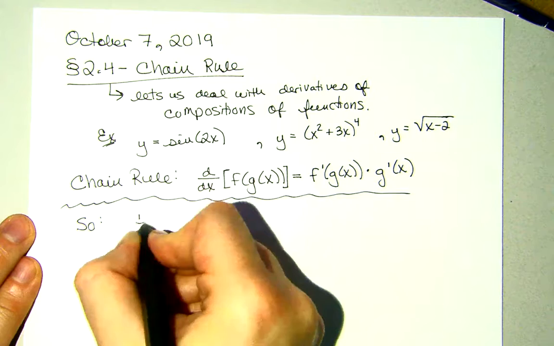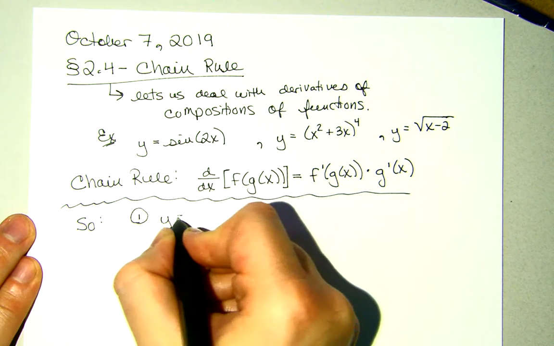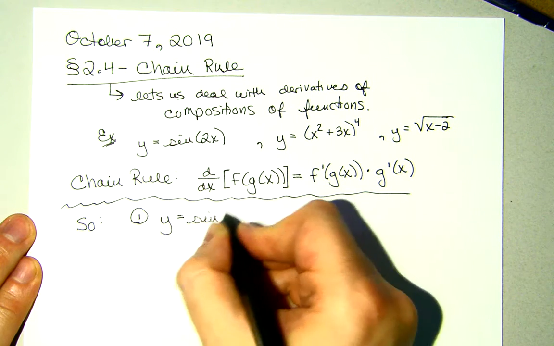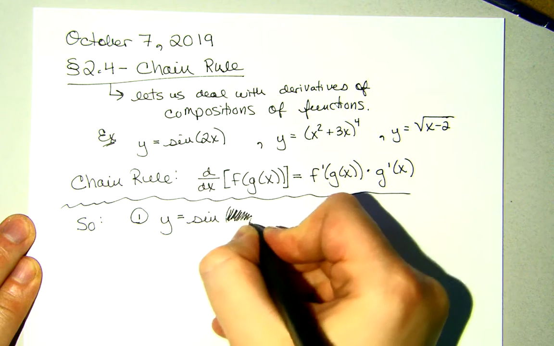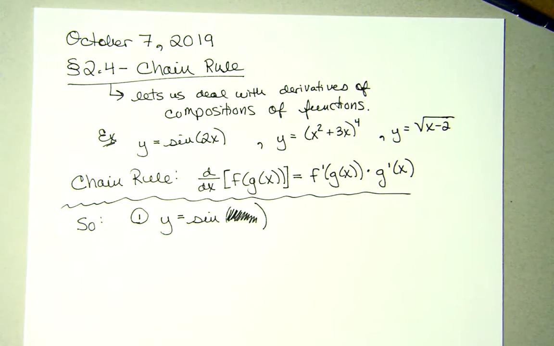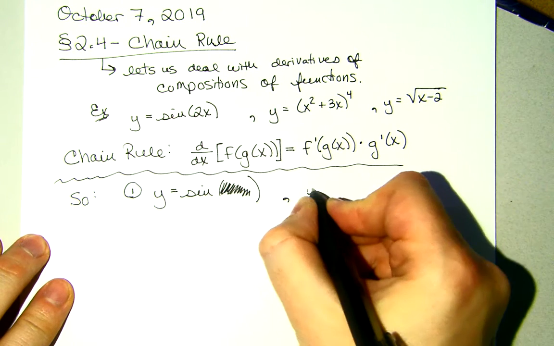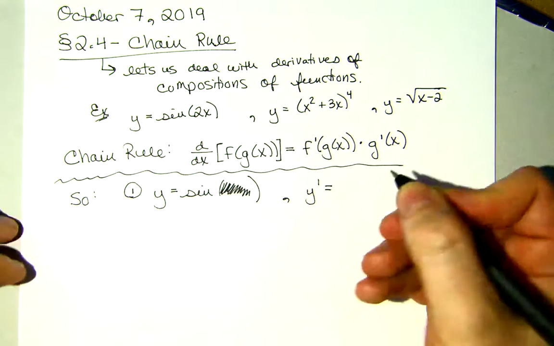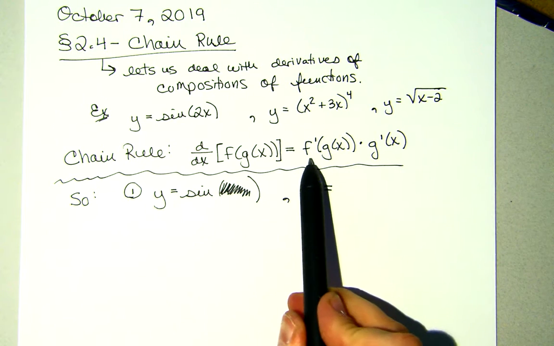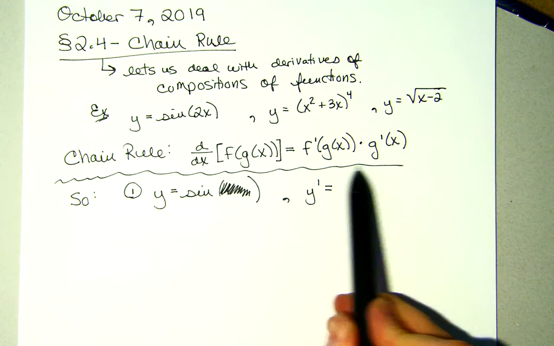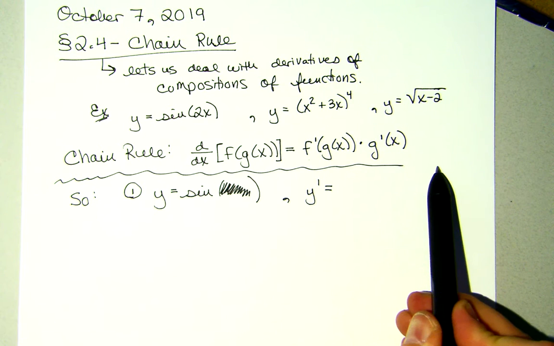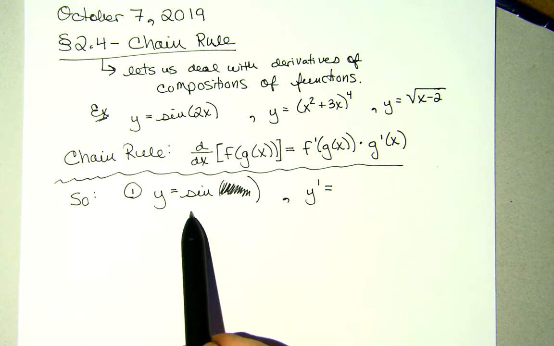So let's say I want to do the derivative of y equals the sine of, I don't know, something more complicated than just x. If I want to do this, my formula says take the derivative of the outside function, leaving everything inside there, and multiply by the derivative of the inside. Well, my outside function here is that sine.